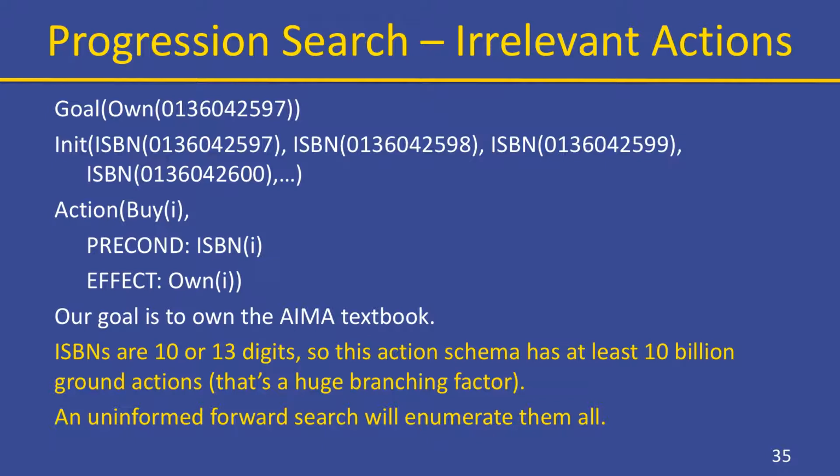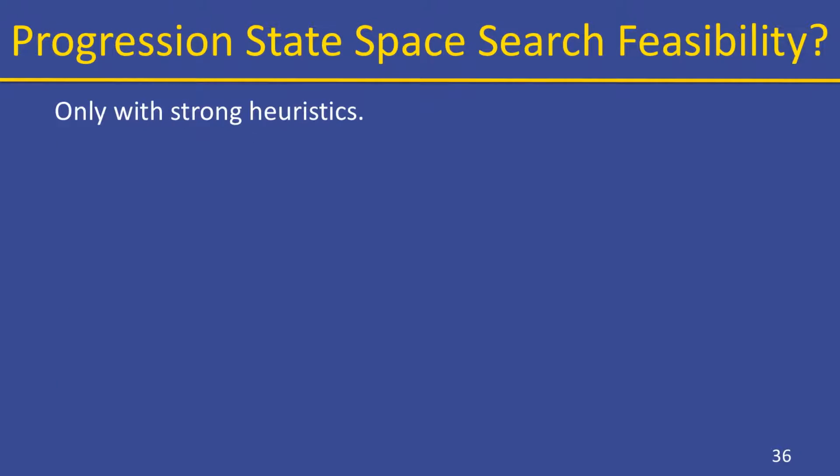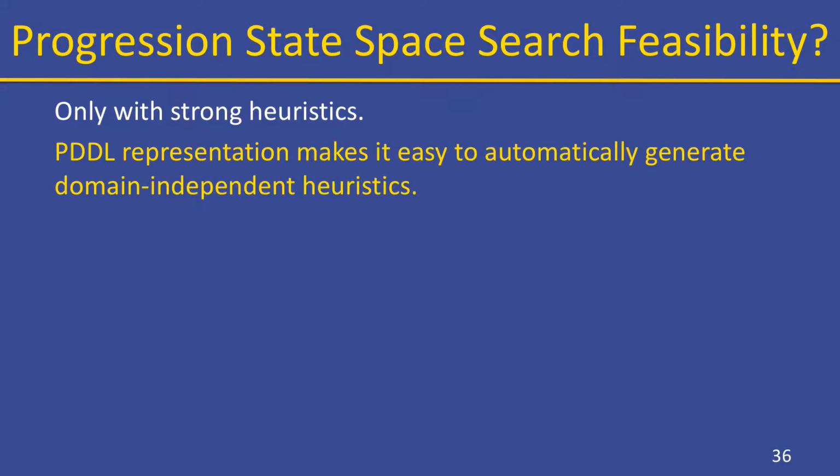And if we are conducting an uninformed forward search, we'll have to enumerate them all and we'll be doing that for a long time. So progression state space search is only feasible when we have strong heuristics. PDDL representation makes it really easy to automatically generate domain-independent heuristics.